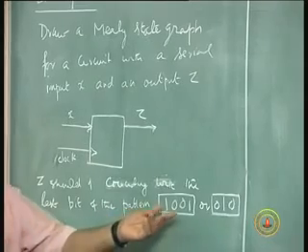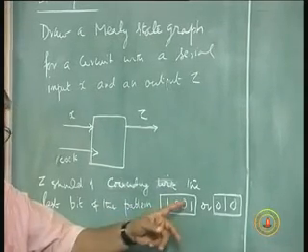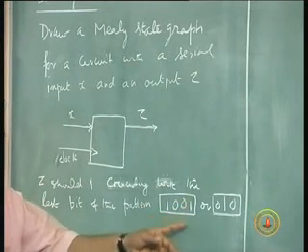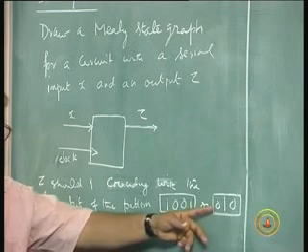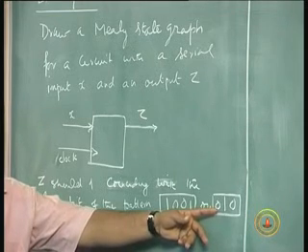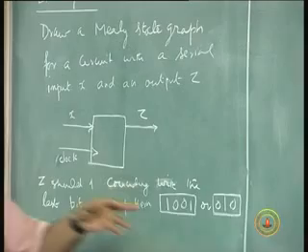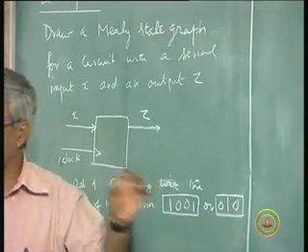So if the input has the pattern 1 0 0 1, along with the fourth bit the output will be 0 0 0 1. Similarly, if the input is 1 0 1 0 1 0, the pattern 0 1 0 is detected by the circuit, and output z should be 1 corresponding to this 0 during that clock period.